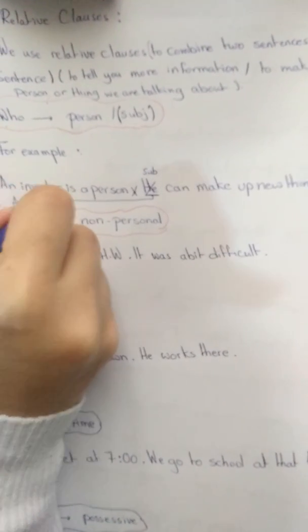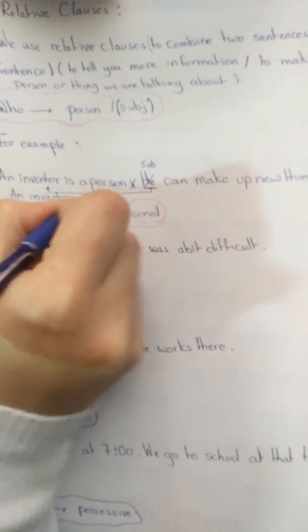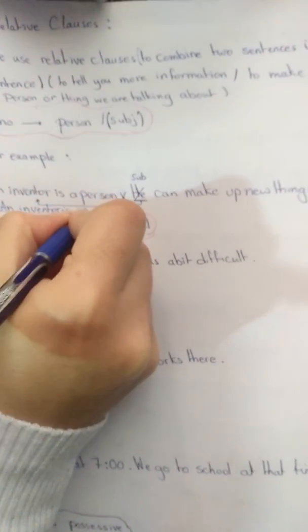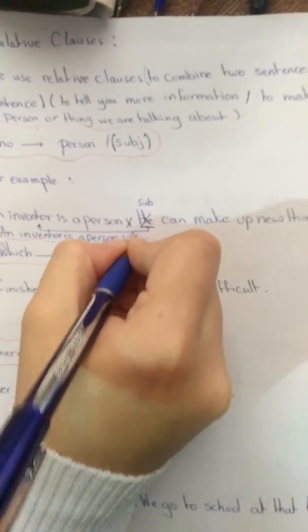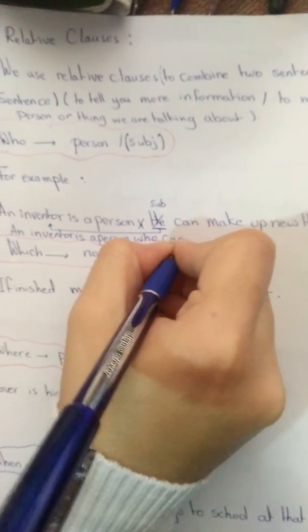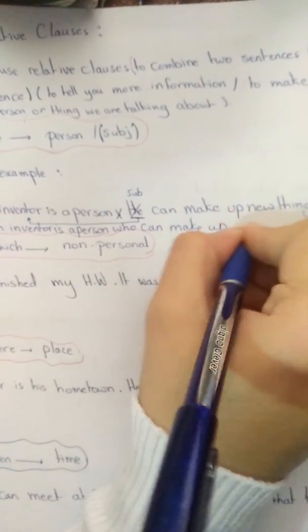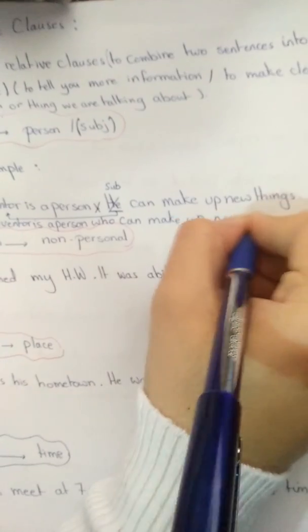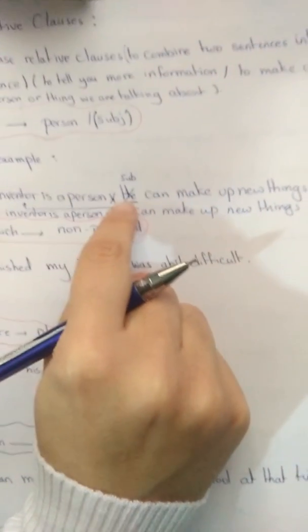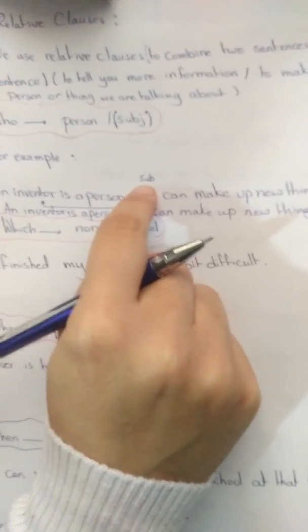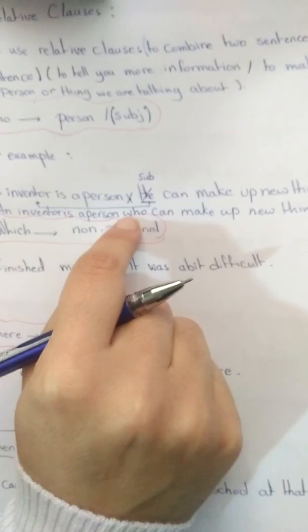An inventor is a person who can make up new things. We delete he because it is a subject and a person, and replace it with who.